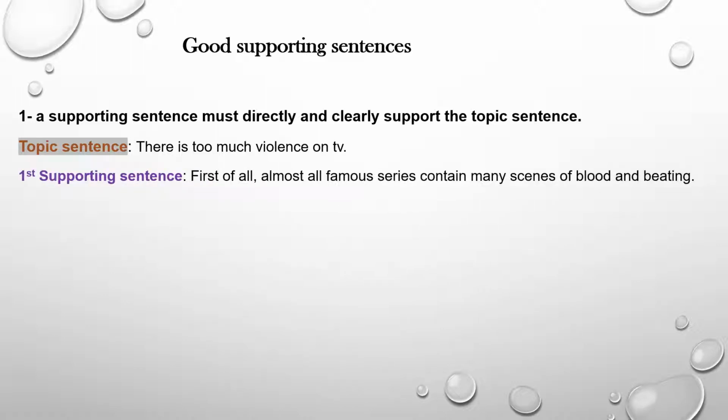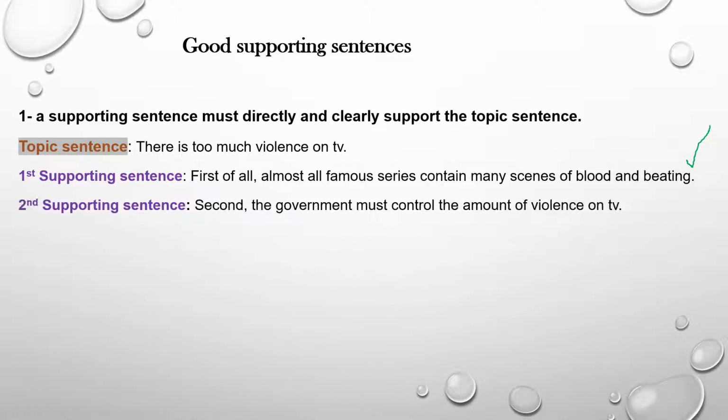And here is our first supporting sentence. First of all, almost all famous series contain many scenes of blood and beating. So after I read this sentence, I start to agree with you. That makes this a very good supporting sentence because this sentence strongly supports what you said in your topic sentence.